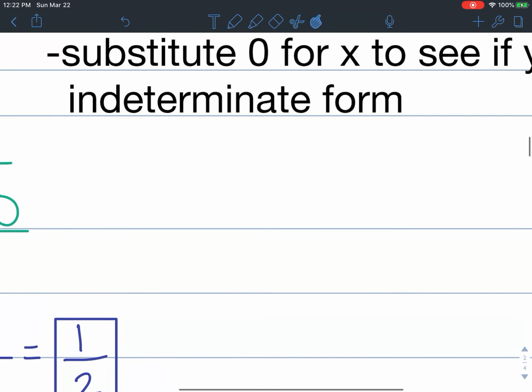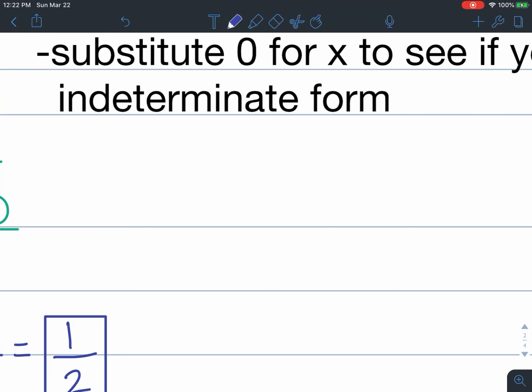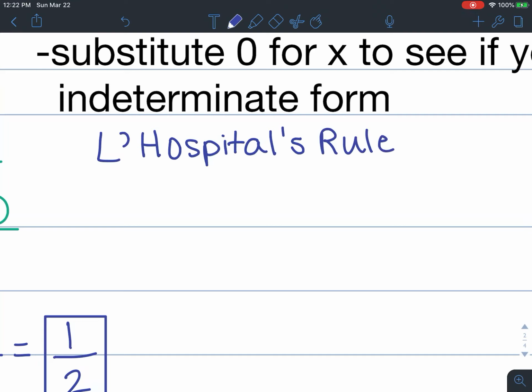So I'm just going to write down here, we said this, so L'Hopital's rule does apply, because we got 0 over 0. So then what did we do?